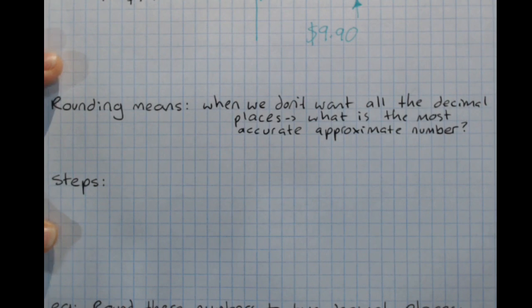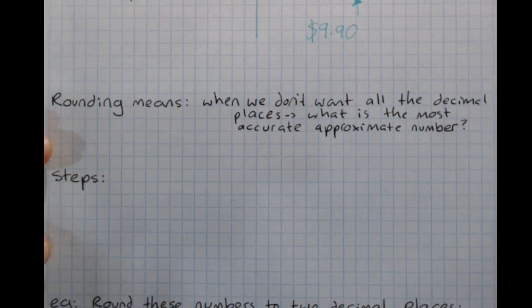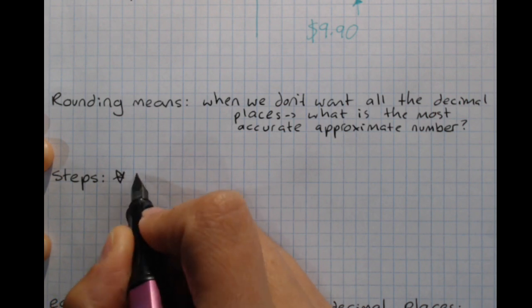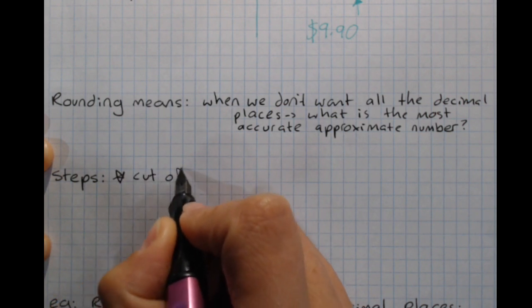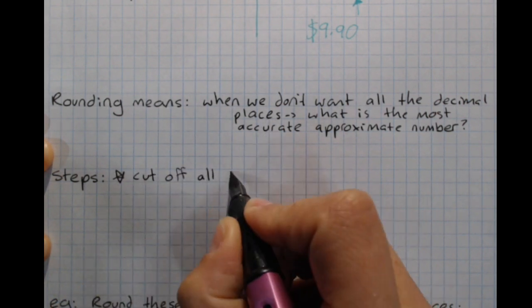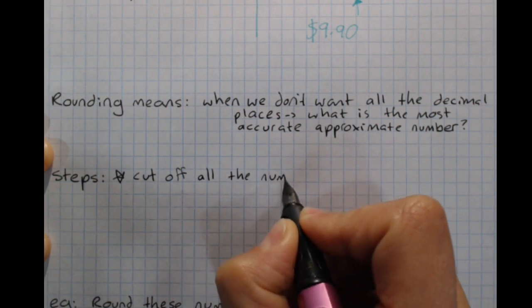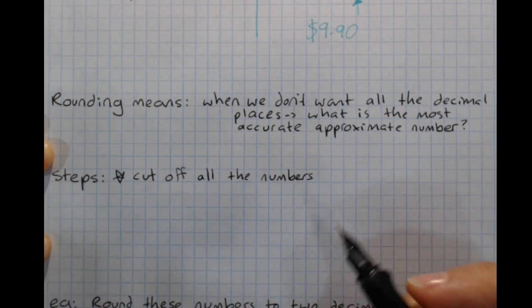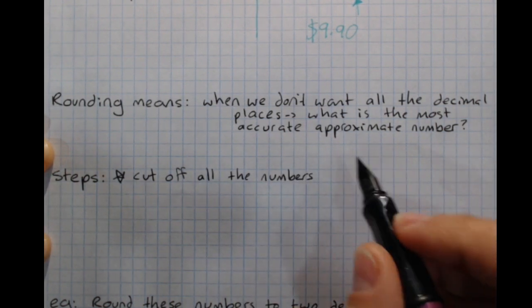Now, our steps when we're rounding. Cut off all the numbers after the number of decimal places that you want, and we'll talk about decimal places.